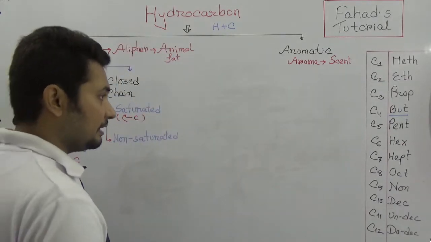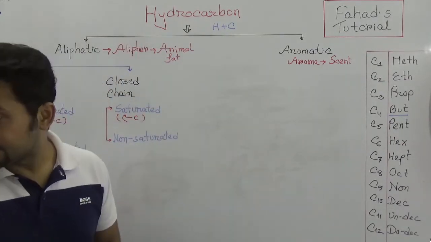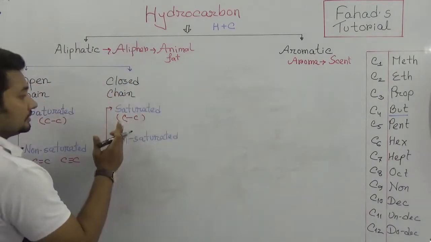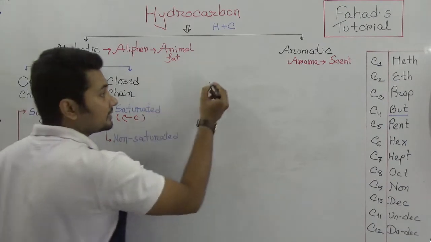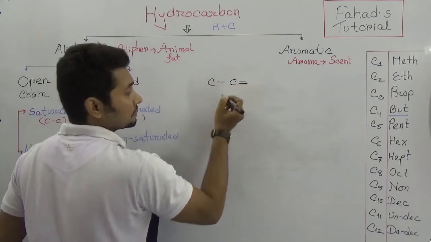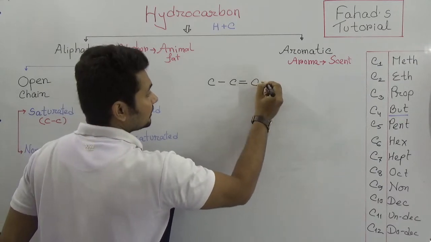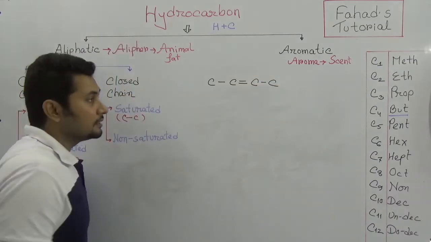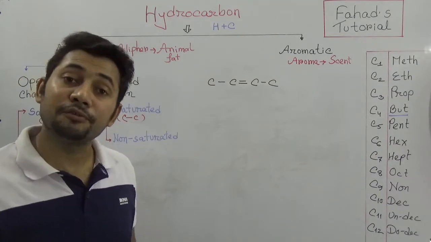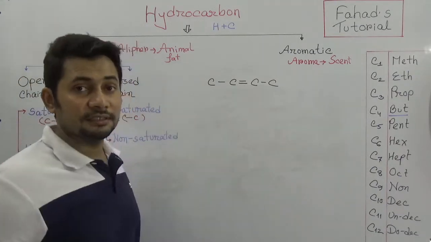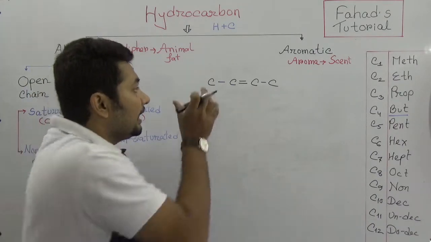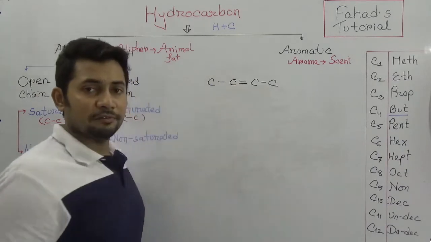Now you see, if I write something like that, think about saturated and non-saturated, where there is a double bond, 1, 2, 3 and 4. Now you see the number of carbons is 4, and this is open chained because the terminal carbons are not connected to each other.